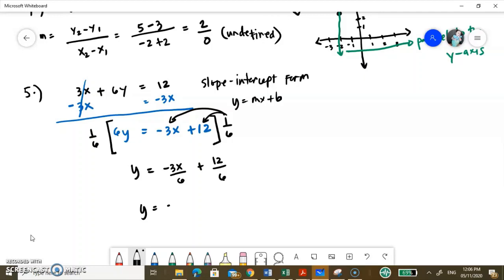So, you simplify, that would be negative x over 2 plus 12 over 6 is 2. So, dito yung slope natin, okay, you can write that as y is equal to negative 1 half x plus 2. Our slope here is negative 1 half. Okay? And then you have your y-intercept. Ito yung b natin. Diba? B is equal to 2.